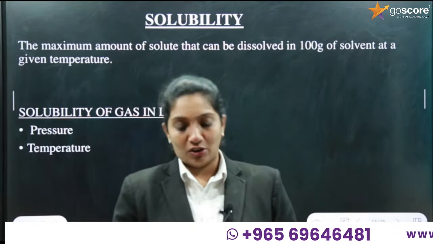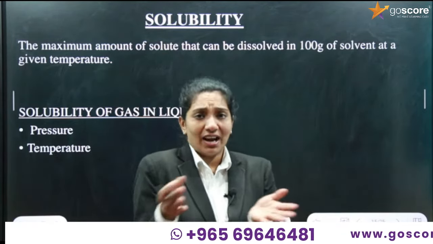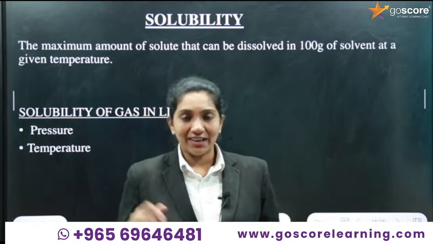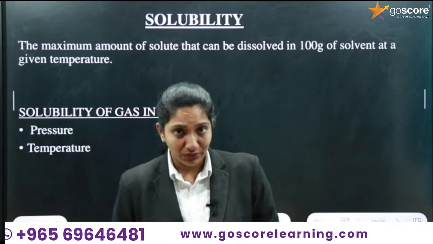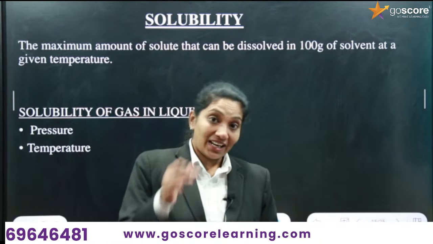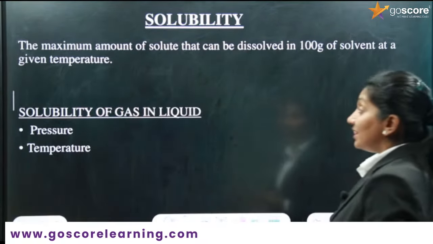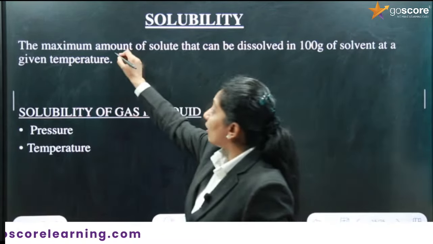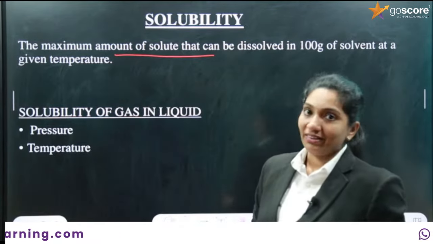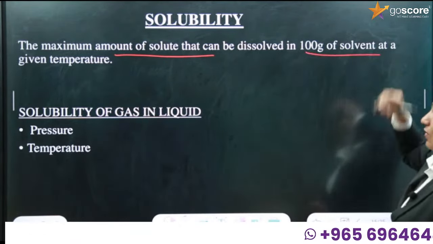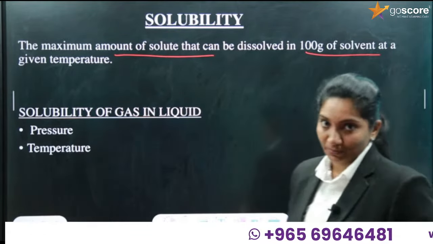If you add 3 or 4, after adding 10 gram of the solvent, you dissolve it properly, and after that if you couldn't add more solute to that solution, that is what we call the solubility. That means the maximum amount of the solute that can be dissolved in 100 gram of solvent at a given temperature.